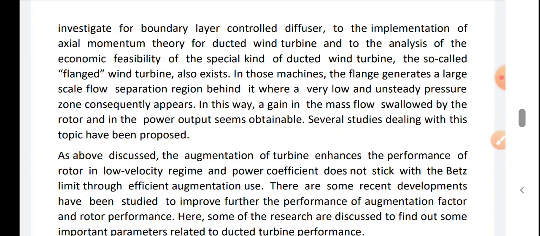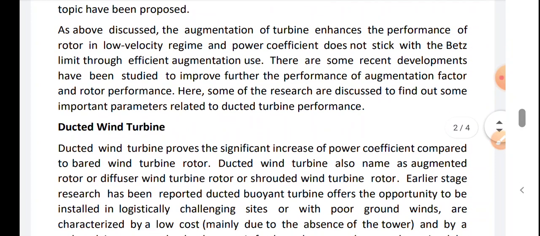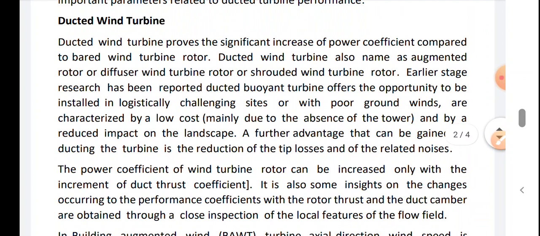Also, some recent developments have been done to improve further the performance of the augmentation factor as well as the rotor performance, and a few researches have also been done on the ducted turbine performance. You can see here the ducted wind turbine.